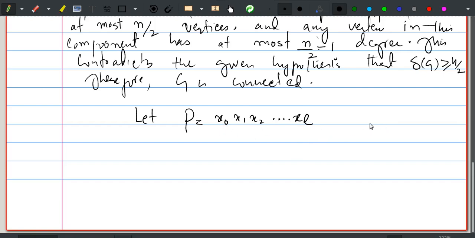Let P be a path of largest possible length.